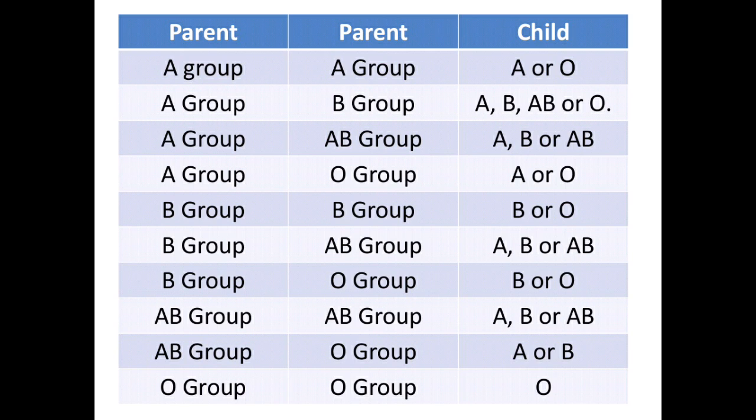See the child: if one parent is group A and another is group A, the child may be A or O. Second condition, one parent is A, another is B, there may be chances of blood group in the child A, B, AB and O. Like this, different combinations are shown in this diagram.